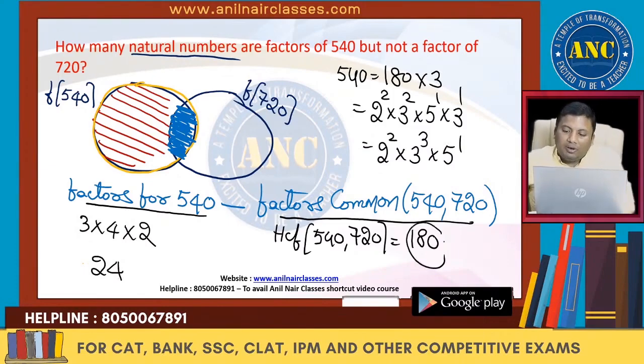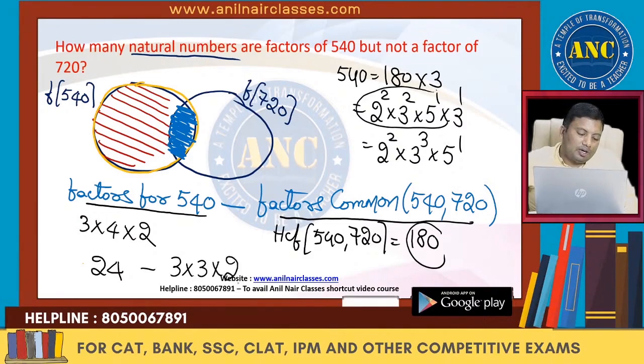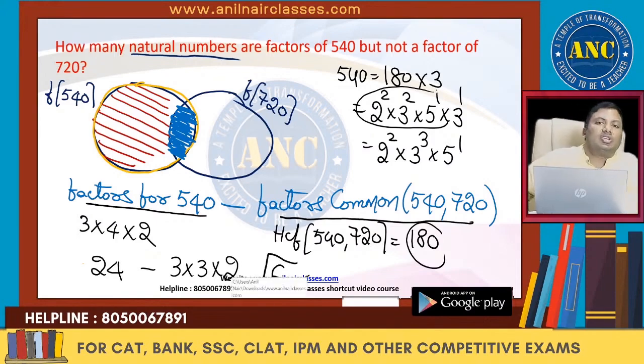For 180, how many factors are there? Totally, 3 into 3 into 2, 9 twos are 18. 24 minus 18, which is 6. Total factors of 540, remove the factors which are common to both 540 and 720.